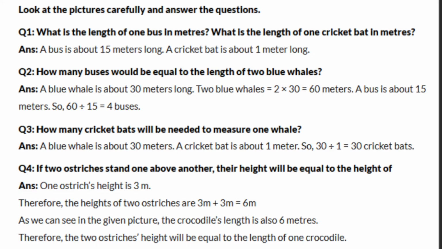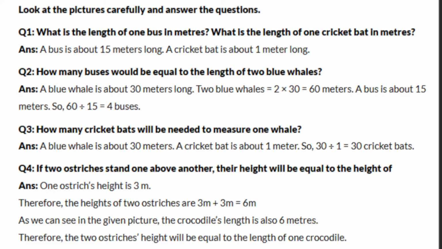Next, if two ostriches stand one above another, their height will be equal to the height of what? One ostrich's height is 3 meters. Therefore, the height of two ostriches is 3 meters plus 3 meters, which is 6 meters. If they ask about 3 ostriches standing one above another, it will be 3 plus 3 plus 3, which is 9 meters.